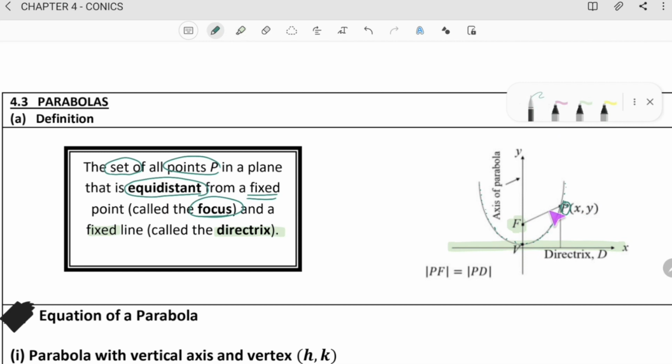The length that we refer to is from here and from here to the directrix. They have the same length. So let's say here to here, they have the same length, and from here to here, same length. That's what it means. So it becomes the parabola.